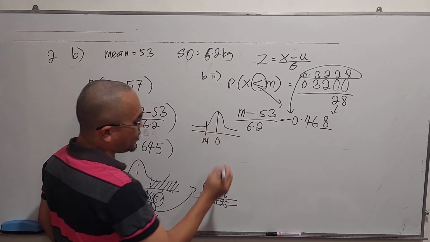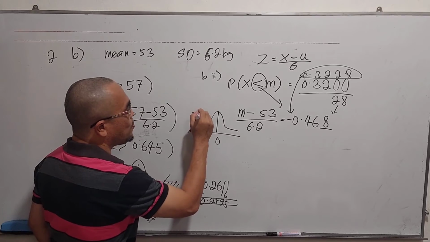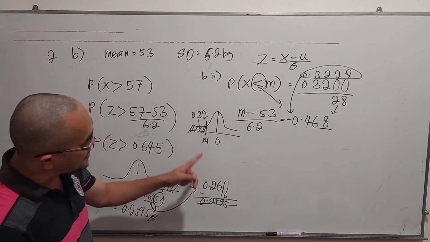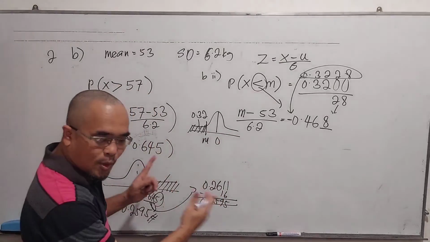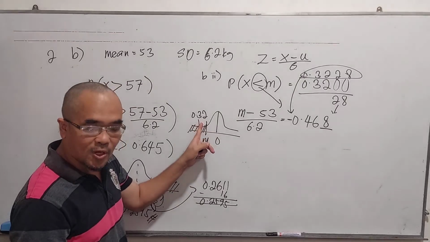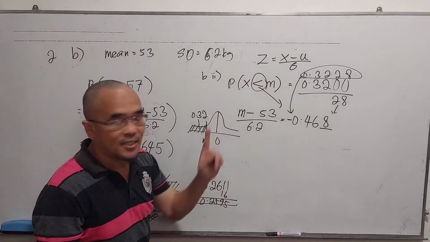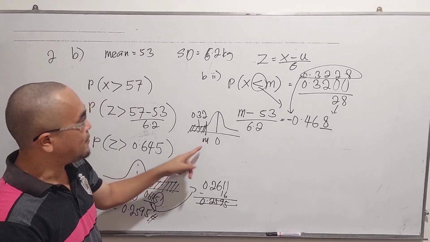So here is 0. This indicates the area of 0.32. So M is on the left side. If you write M on the right side, the area will be bigger than 0.5, which is not true because the shaded region given is 0.32 only. So the Z score is negative.